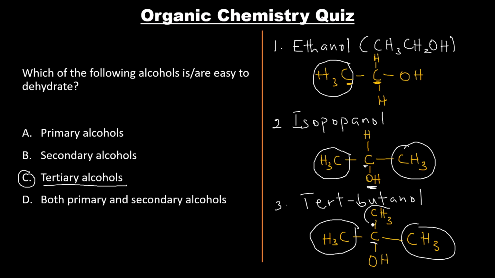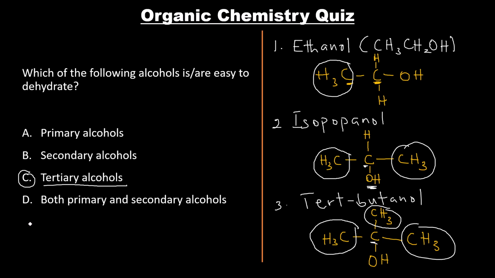These 3 alkyl groups. So it is a tertiary alcohol. This makes it the easiest to dehydrate because the carbocation that will be formed during the dehydration of tertiary alcohol will be quite stable because of the presence of 3 electron donating alkyl groups. So this high stability makes tertiary alcohol the easiest to dehydrate.